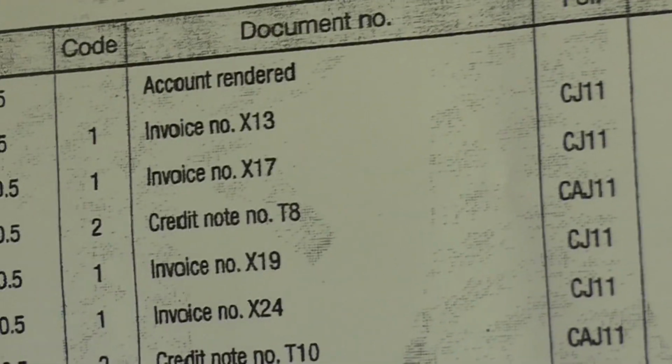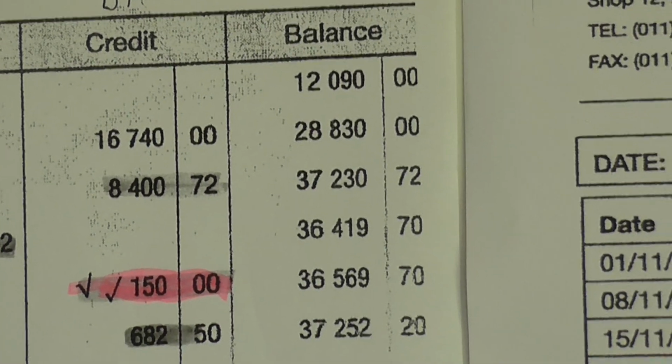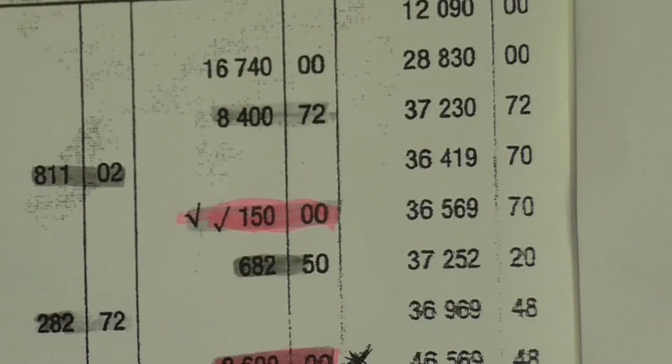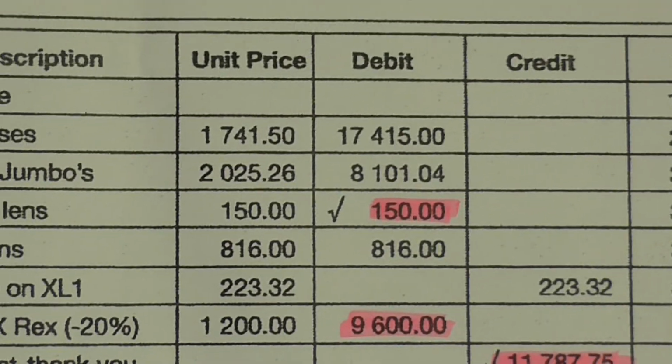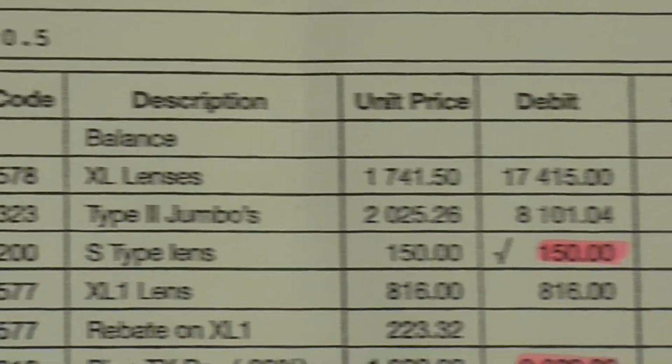So let's go see which one of us made the mistake. We've got X13 as 16740. Yeah, that's right, 16740. And they've got 1741.5, which was actually the correct amount.